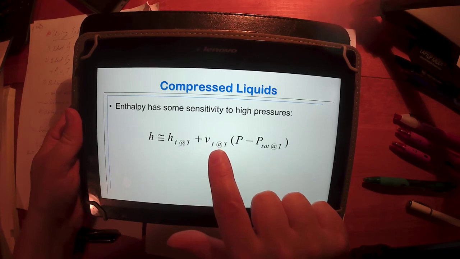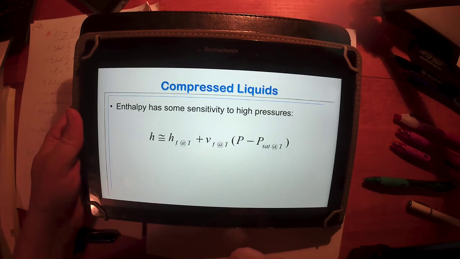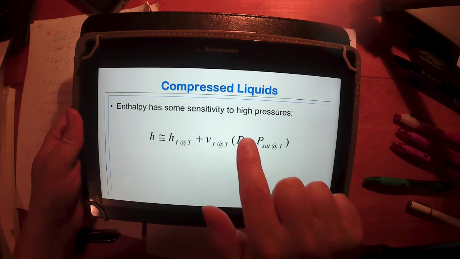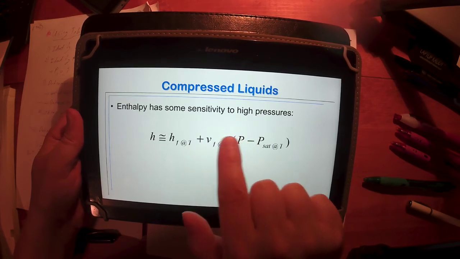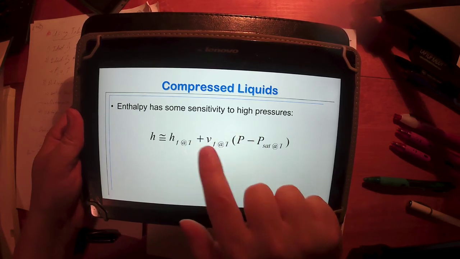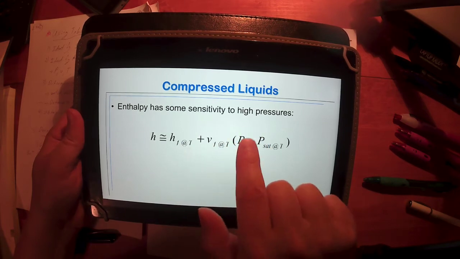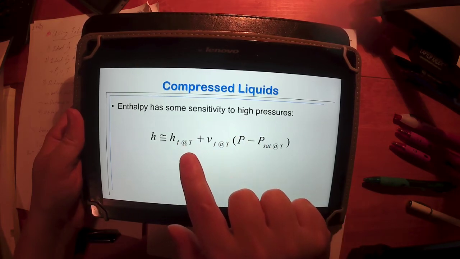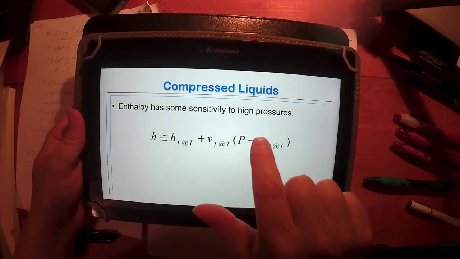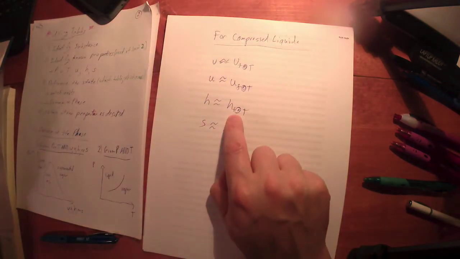For liquids, density is going to be very large, and the inverse, the specific volume, is going to be very small. So I'm going to add a very, very small quantity to this, which probably will not affect this value by much. This is probably going to be like adding a couple of pennies to a $100 bill. How much is it really going to matter? It probably doesn't matter too much. So unless this pressure difference is huge, this is probably just fine.